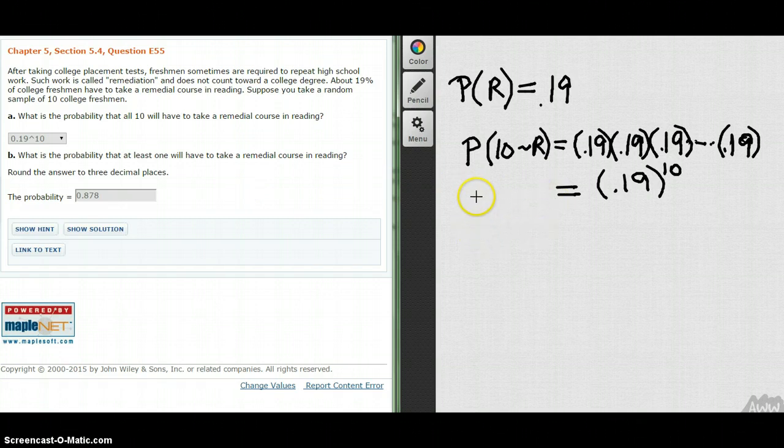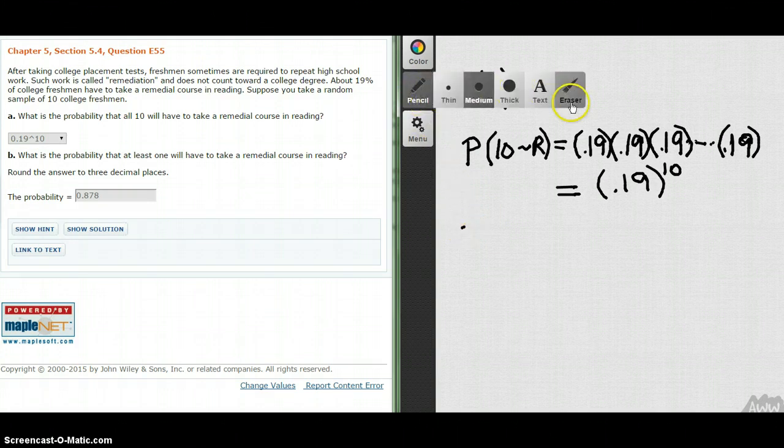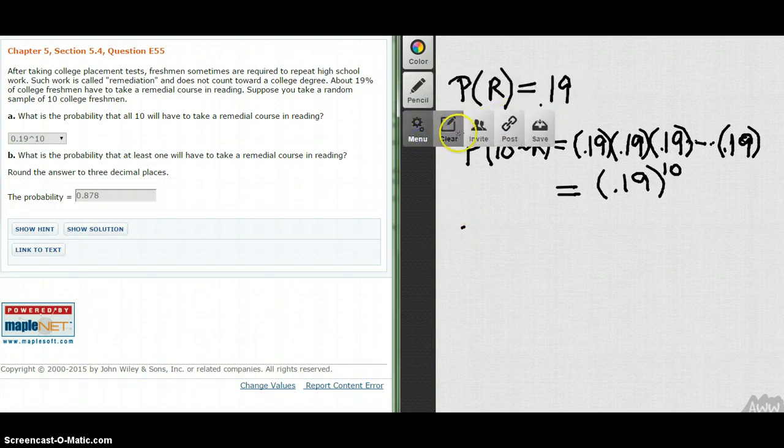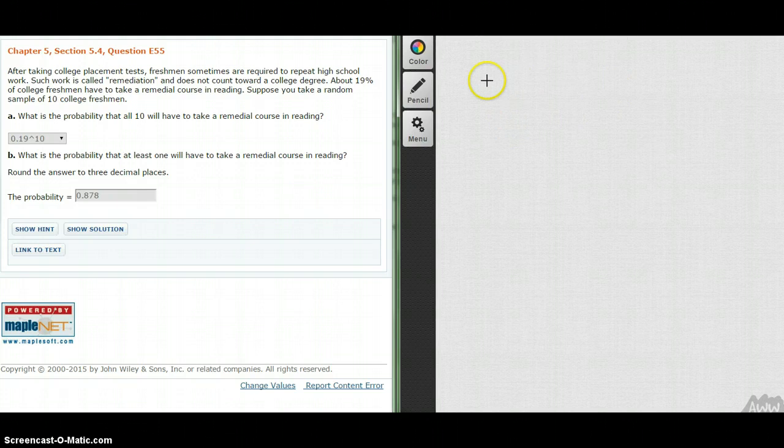The probability that at least one will have to take a remedial course in reading. This is actually much more complicated than it sounds. So we might think, let me start a new screen here. The probability of at least one, greater than or equal to 1 remedial.